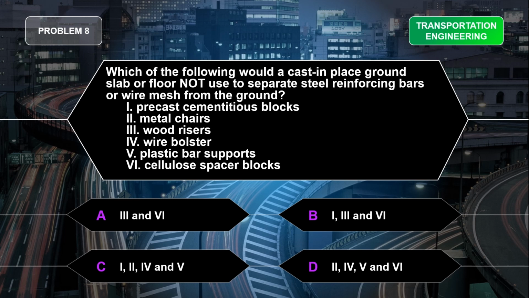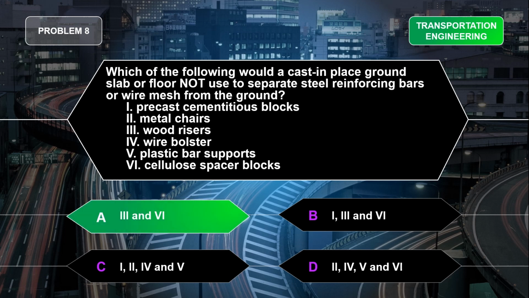Cellulose spacer blocks. A. 3 and 6. B. 1, 3 and 6. C. 1, 2, 4 and 5. D. 2, 4, 5 and 6. The correct answer is letter A, 3 and 6, or wood risers and cellulose spacer blocks.